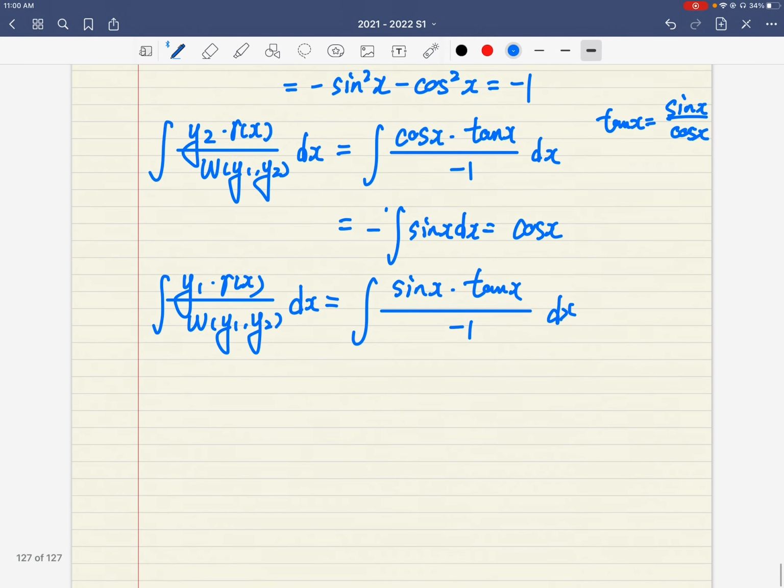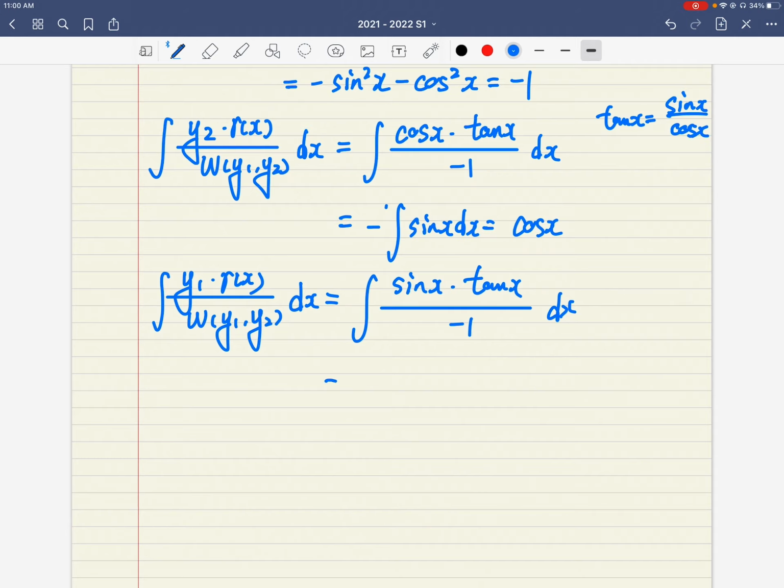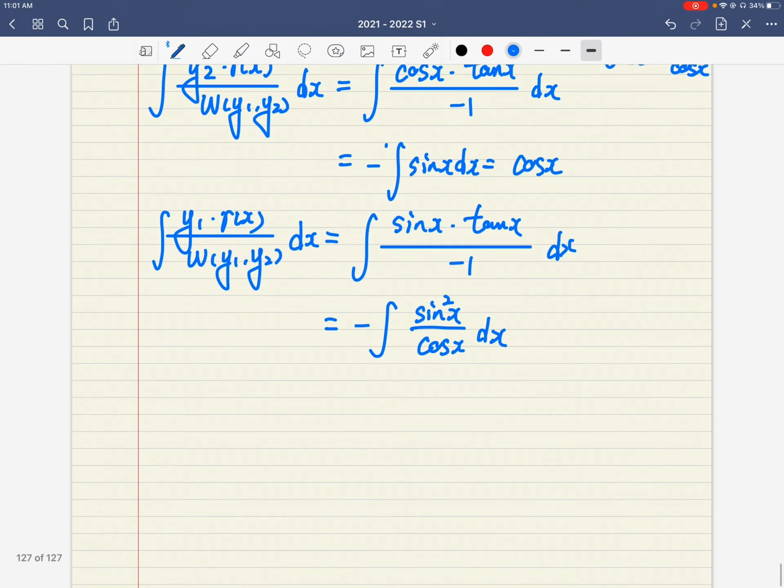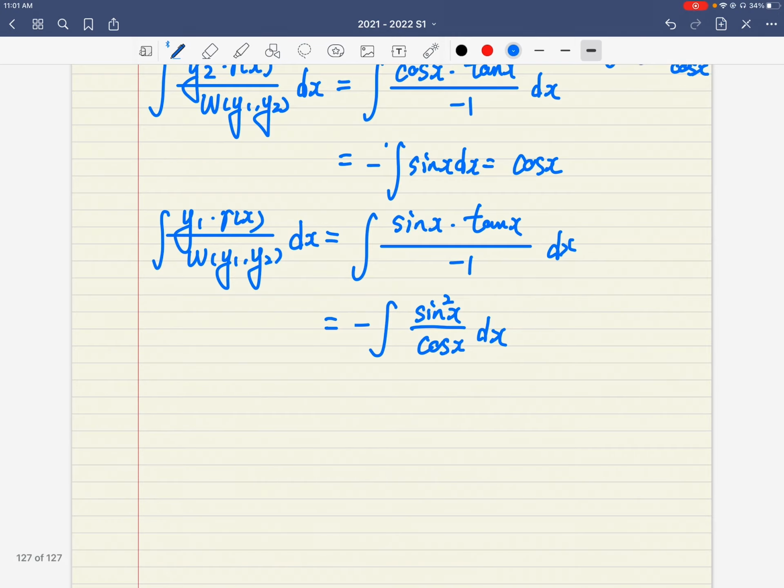I don't want to work with tangent x, I want to work with sine or cosine. So I can write tangent as sine over cosine, which means on the top is sine x squared. Now I still don't have any clue how to integrate this part.